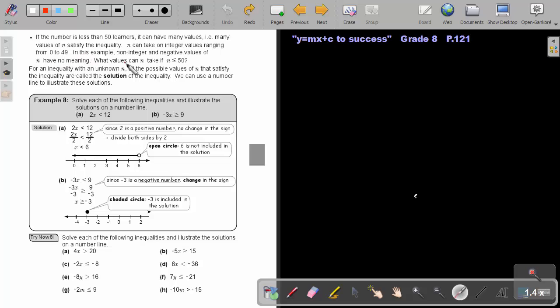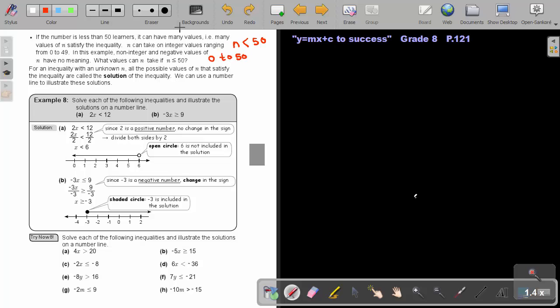Now, what values can n take? In the previous example, n was smaller than 50. Now, if I make n smaller than or equal to 50, what values can it be? Then it will just be any value from 0 to 50.